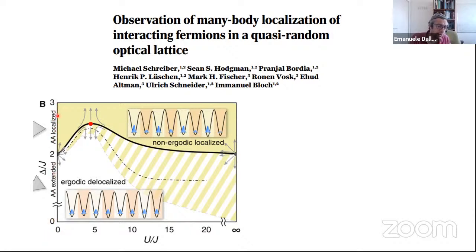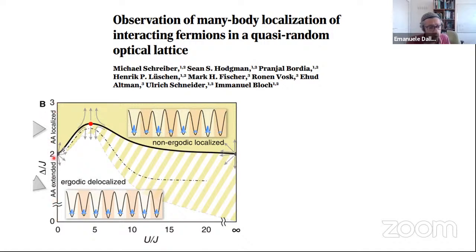So no interactions, that's the AA, the Aubry-André model. And as we discussed, there is a threshold between localized for large disorder and delocalized for small disorder. So the y-axis was what we have theoretically discussed here, non-interacting particles.